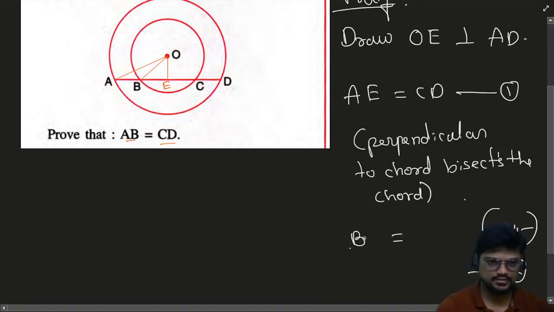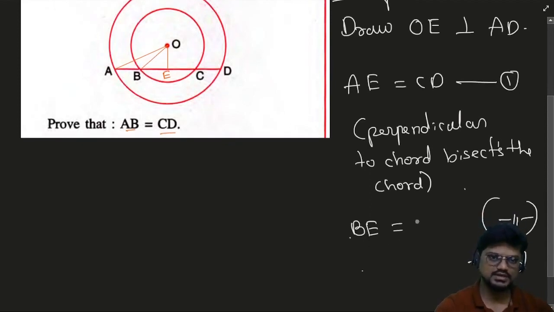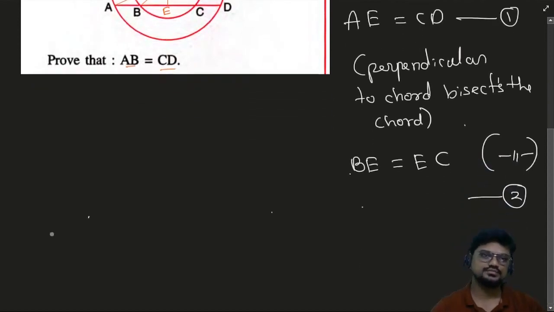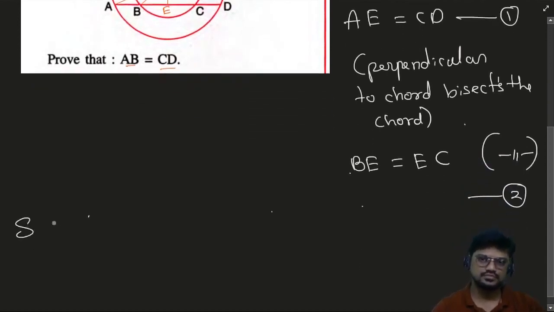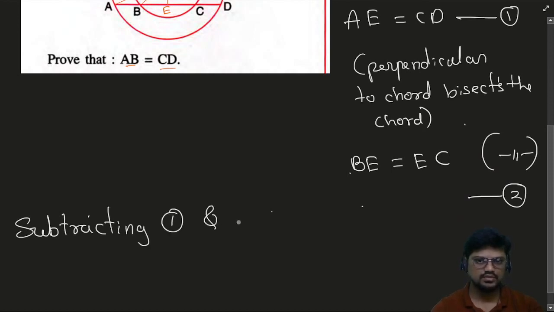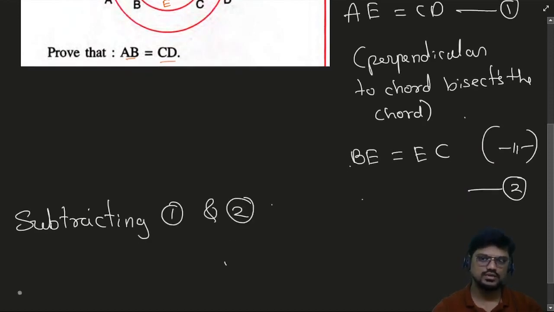You can write over here BE is equal to EC. Fine. Subtracting 1 and 2, what you get? AE minus BE is equal to ED minus EC.